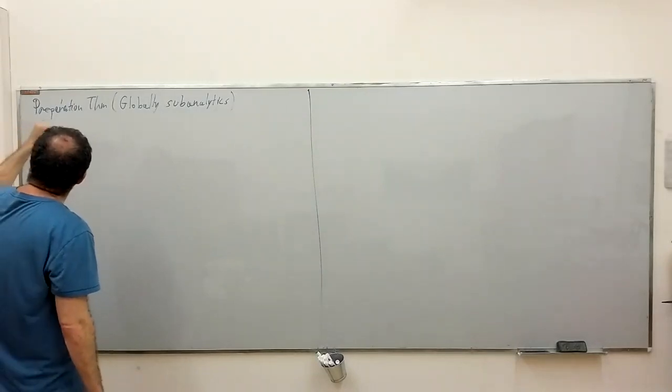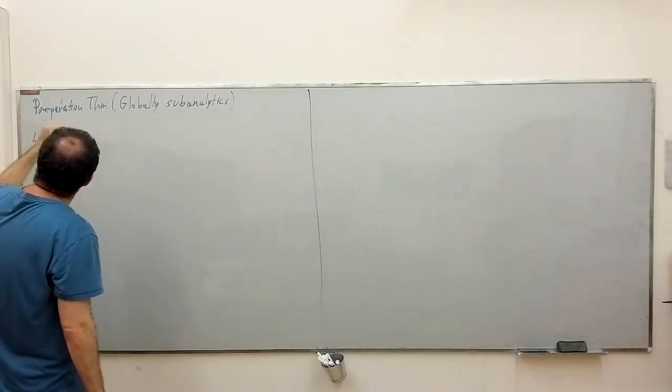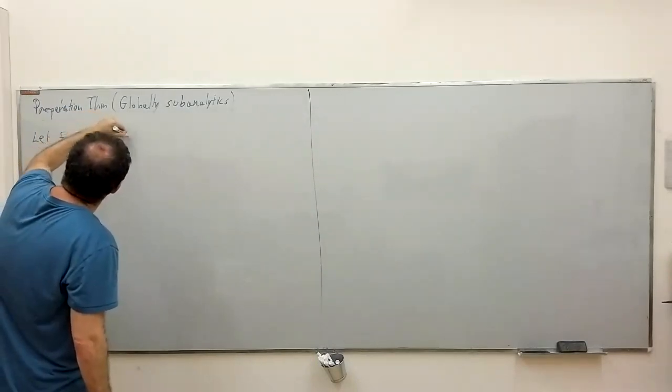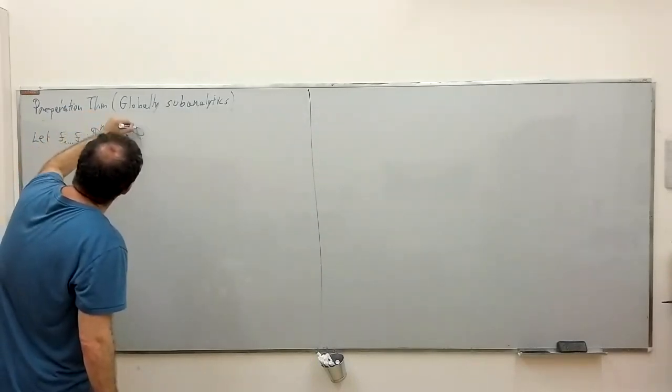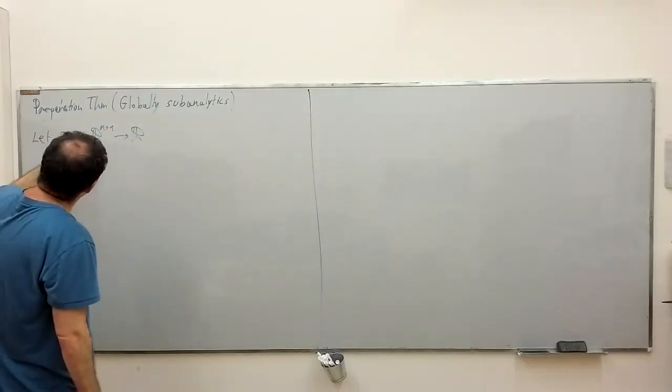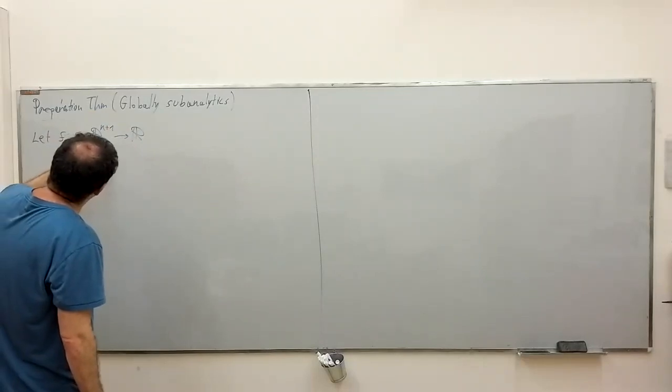Let f1 up to fk be real-valued functions in n+1 variables. On this R^(n+1), I'll put the coordinates x1 up to xn and y.